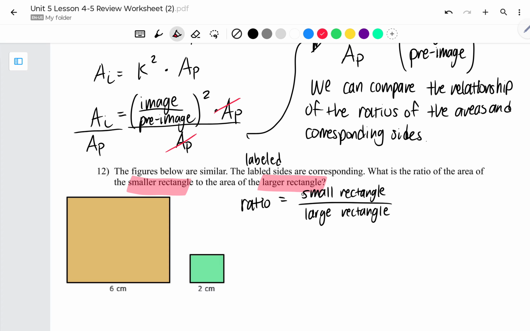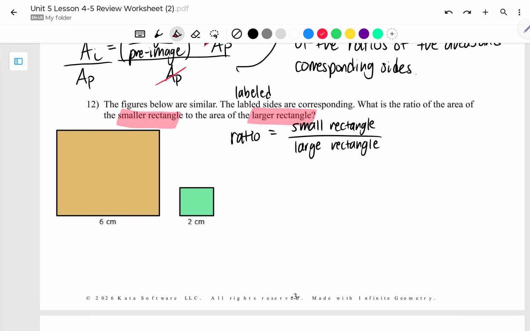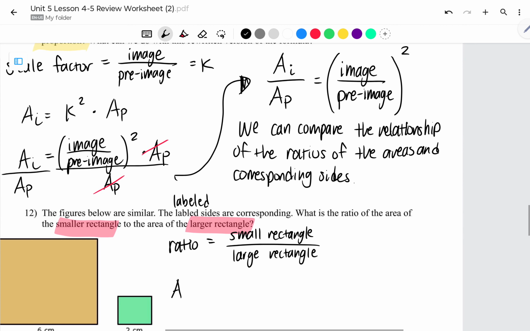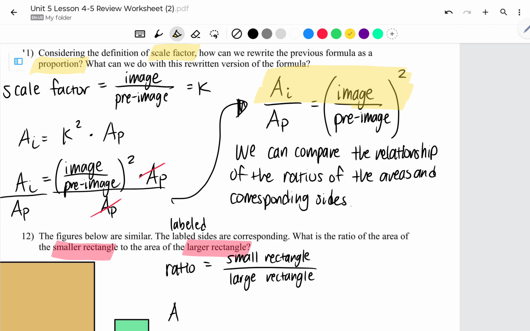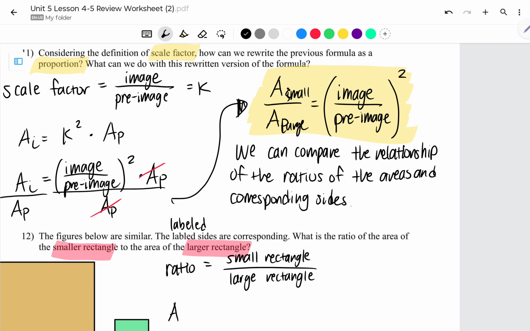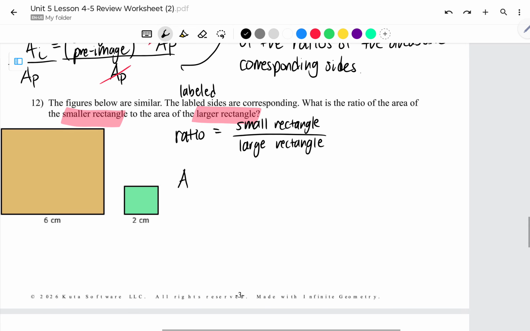So I'm going to make sure I adjust it to that. Okay, so we're going to say the area. What is the new one? Okay, it's up here. Right, I'm going to use this new one. So instead of image I'm going to say small because I want the ratio of the small rectangle on top, and then instead of pre-image, I'm going to say large. Okay, because I want the ratio of the large rectangle on the bottom.